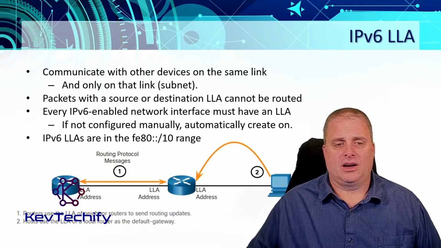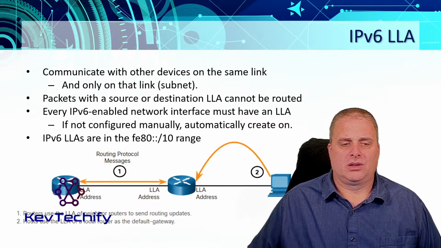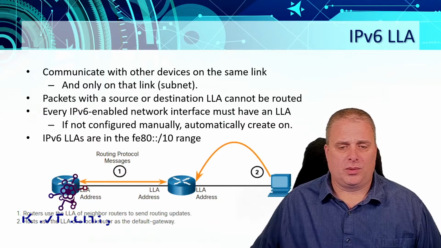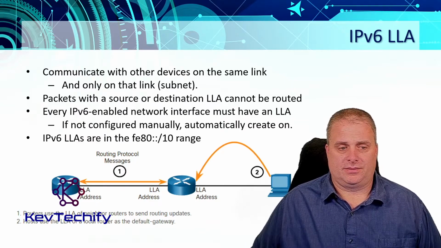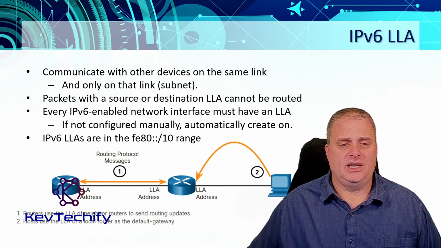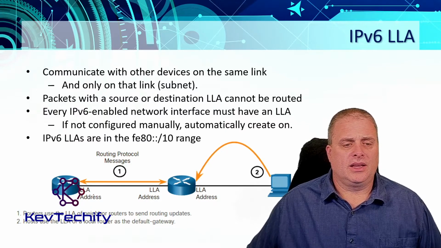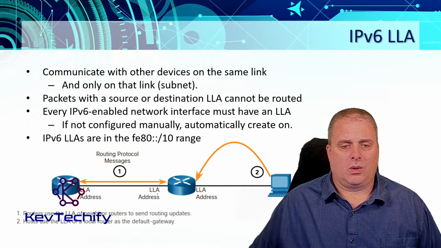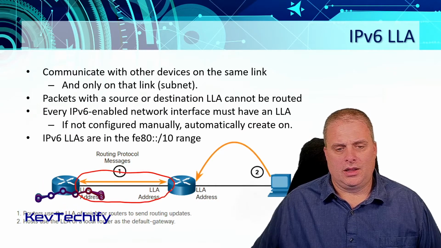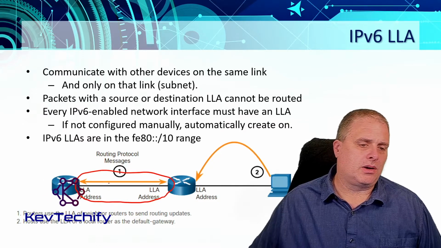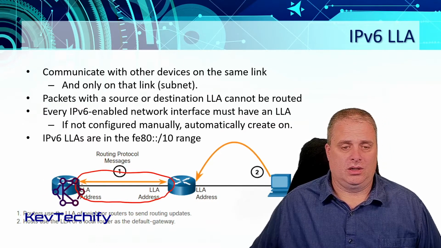Now, down here, our network has a diagram. We've got a couple routers, and then there's a PC that's connected to it. As we can see here, the link local addresses are only unique in this network where I'm circling. I'm circling the interface on the right router and the interface on the left router.